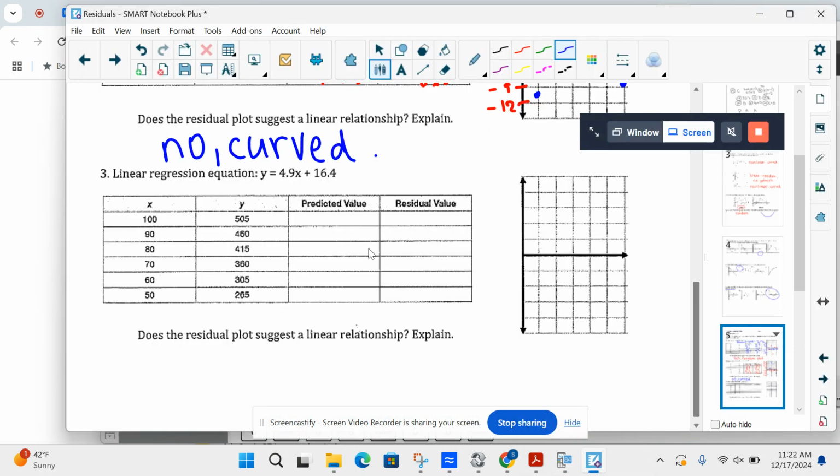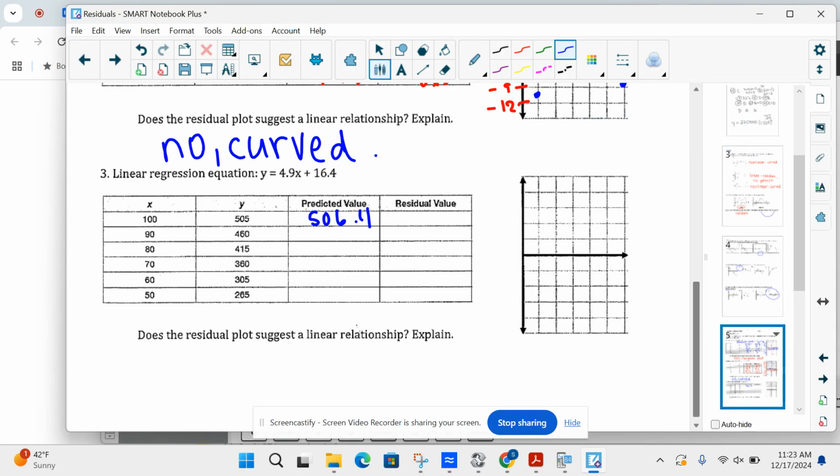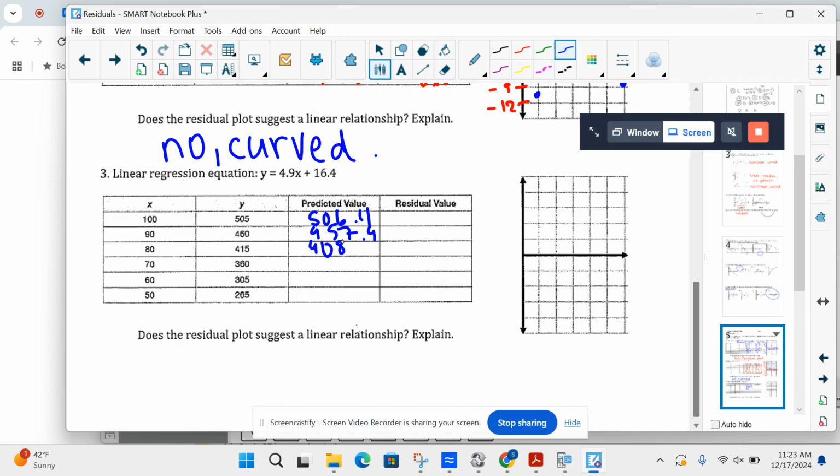All right. So we've got 506.4, and then 457.4, 408.4, 359.4.